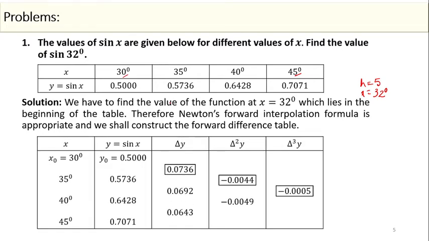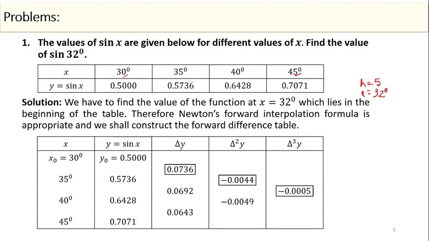In the forward difference table, in the first column we write down the values of x. So the values of x are 30 degree, 35 degree, 40 degree and 45 degree. In the second column, write down the values of f of x, that is 0.5000, 0.5736, 0.6428 and 0.7071.